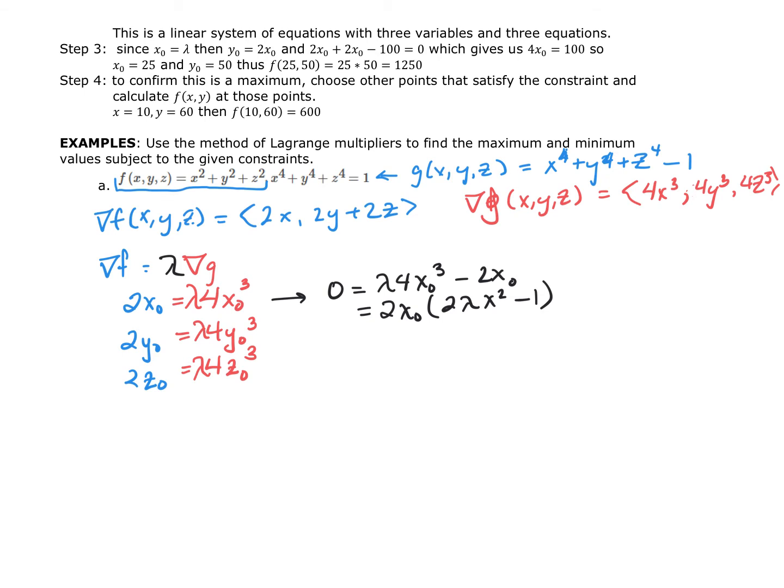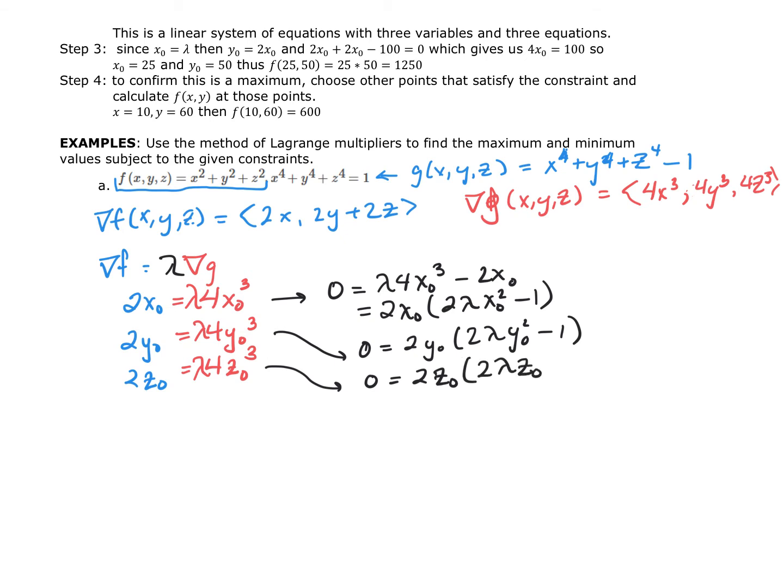Now I know that this one is going to produce something similar, and this one is also going to produce something similar. So I'm going to get 0 is equal to 2y naught times 2 lambda y naught squared minus 1, and I'm also going to get 2z naught times 2 lambda z naught squared minus 1.